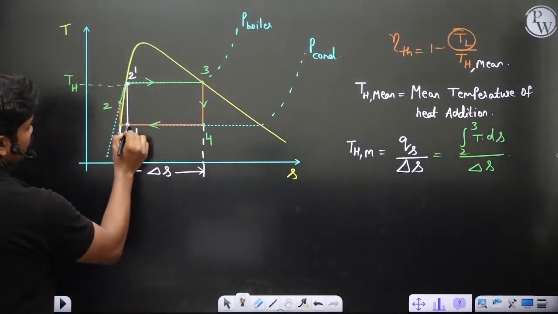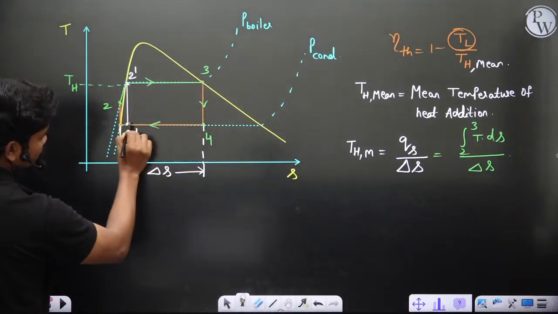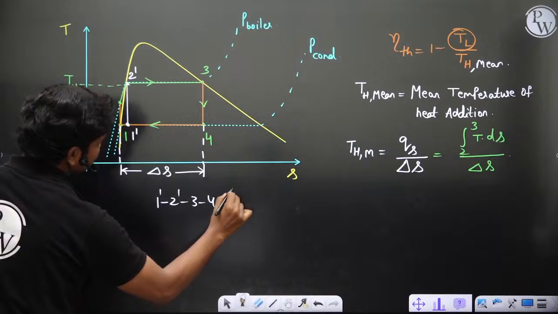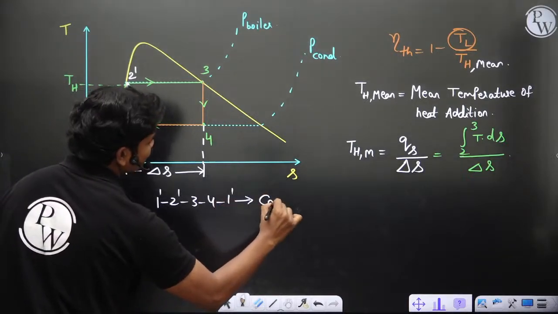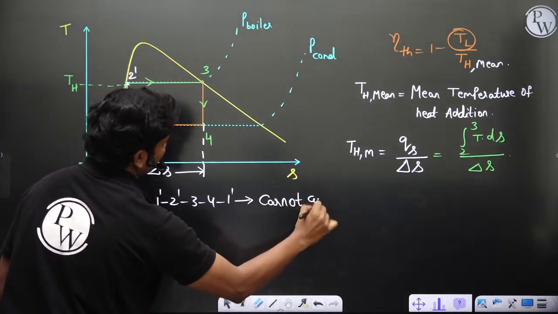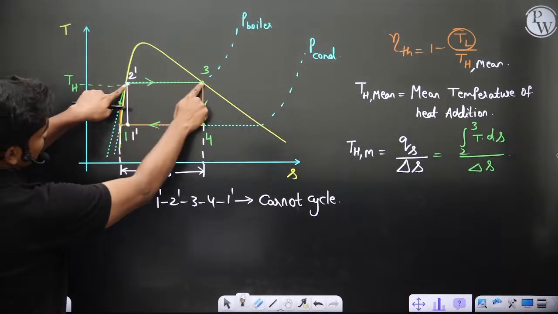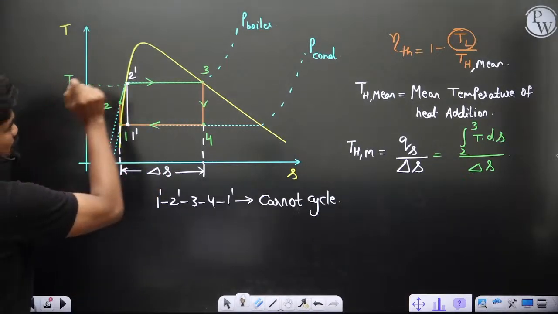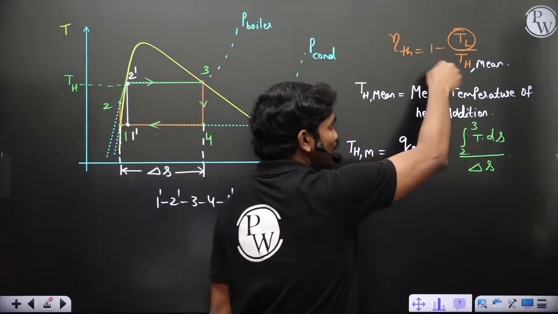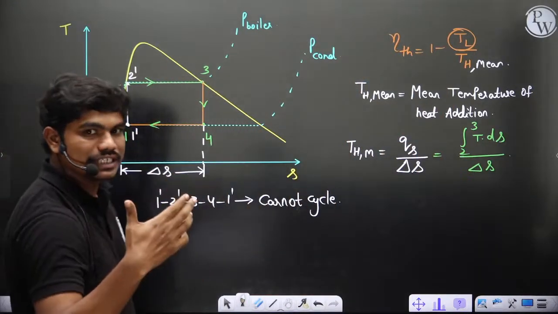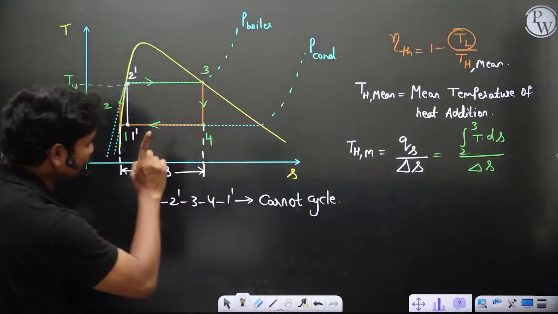So 1 dash 2 dash 3 4 1 dash. This is actually a Carnot cycle. Clear? Because this complete heat addition 2 dash to 3 is happening at TH. So definitely, since TH is more than this TH mean, and TL is anyhow the same thing, efficiency might have increased actually. So this is one possibility.